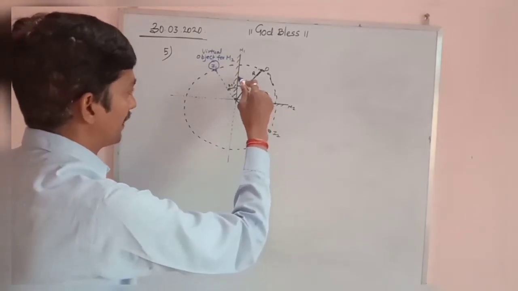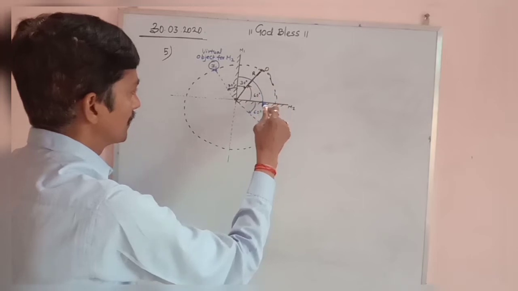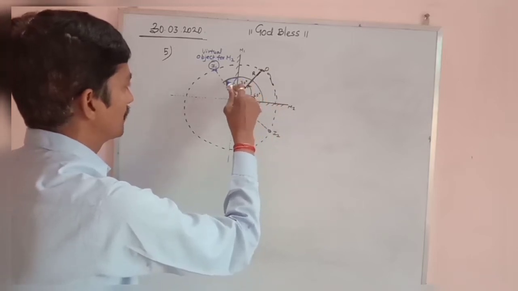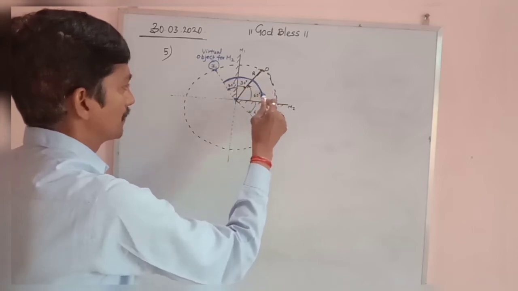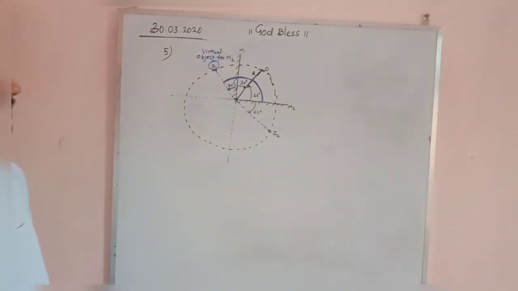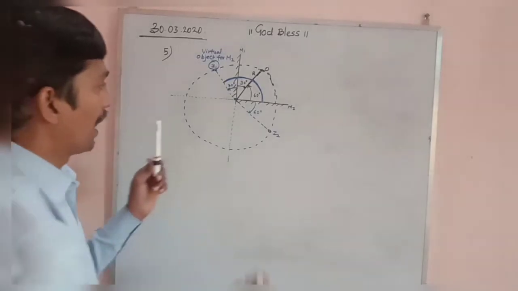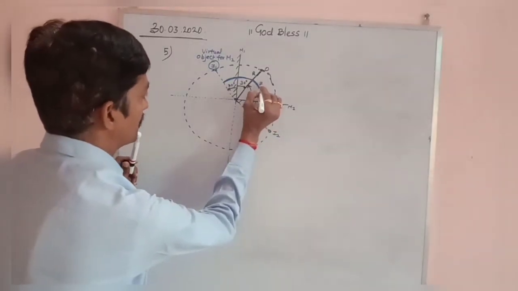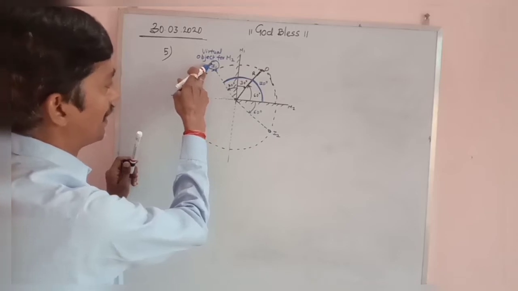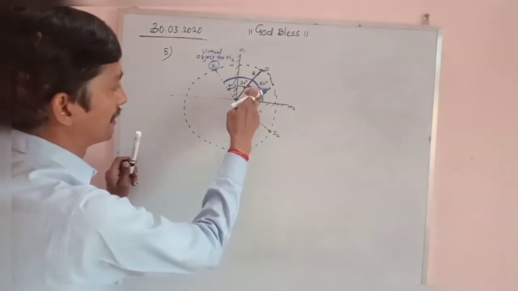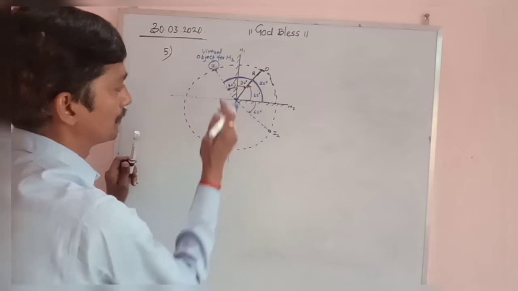You can see here it is 90 and here it is 30. I hope it is clear. So at 120 degree, this I1 is there. I1, which is the object for M2, is at 120 degree from M2.